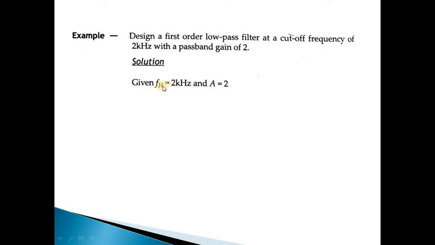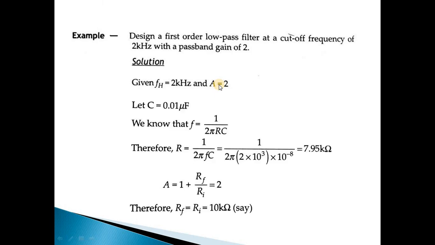Solution: given fH is equal to 2 kHz and AF is equal to 2, let C equal 0.01 microfarad, where we know that f is equal to 1 divided by 2 pi RC, therefore R is equal to 1 divided by 2 pi fC, that is equal to 1 divided by 2 pi times 2k times 0.01 microfarad, that is equal to 7.95 kilo ohm.